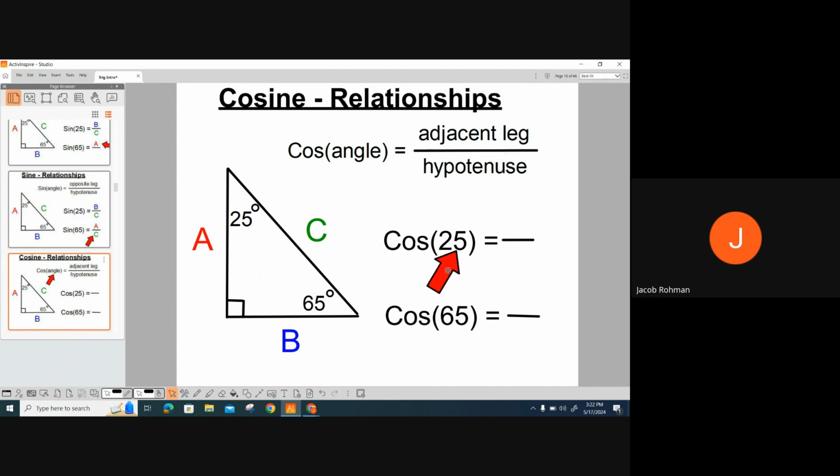So if I was taking the vantage point of the 25-degree angle, and I'm using the cosine relationship, that would be cosine of 25 degrees, the adjacent leg, which is A, divided by the hypotenuse, which is C. So this would be A divided by C. And then if I'm taking the cosine relationship of 65 degrees, so 65 degrees is my vantage point, then I'm going to say the adjacent leg, which is B, is divided by the hypotenuse, which is C. So B divided by C.